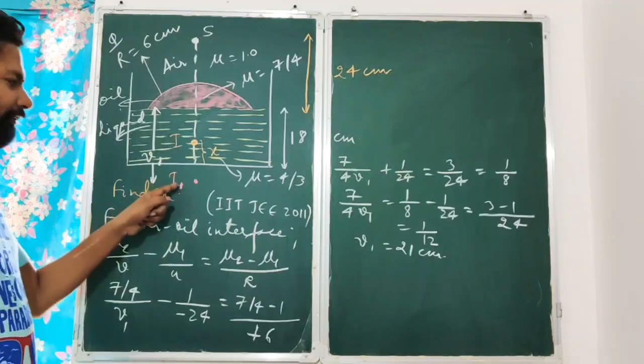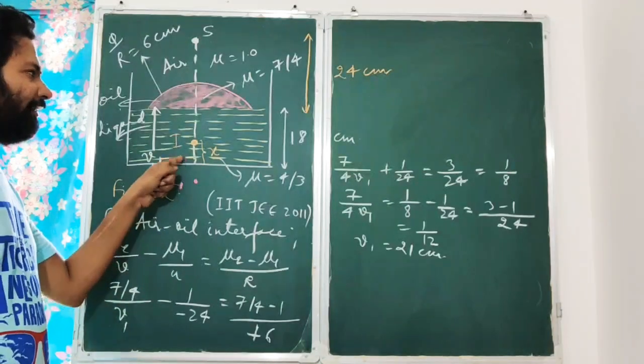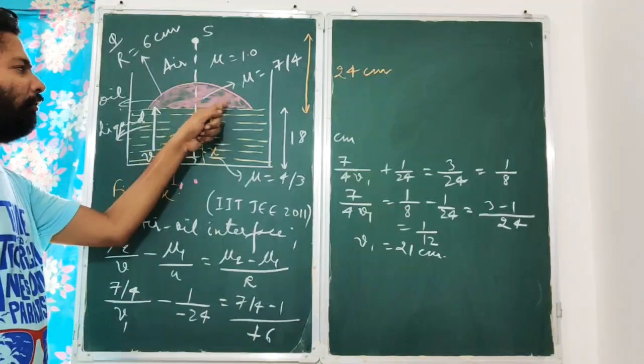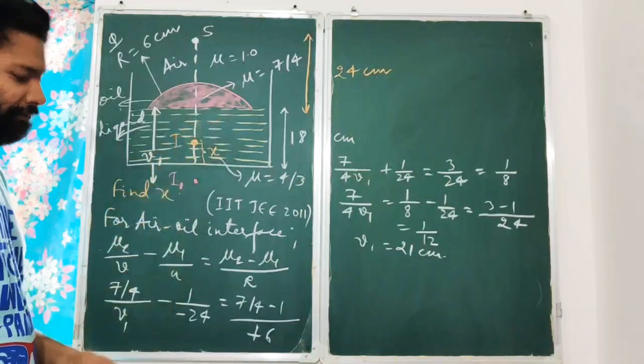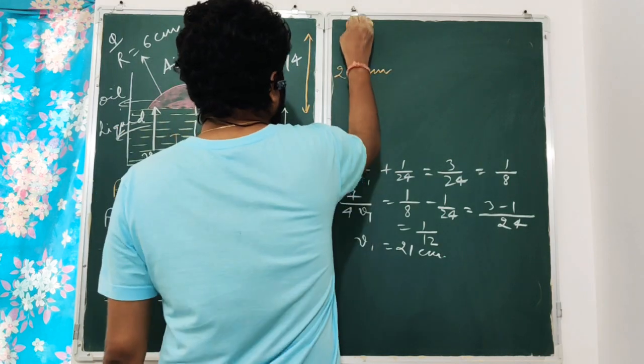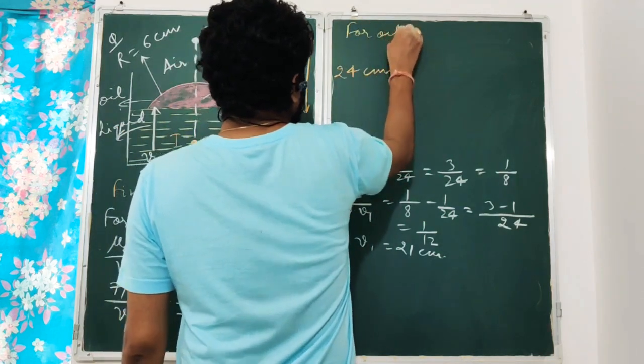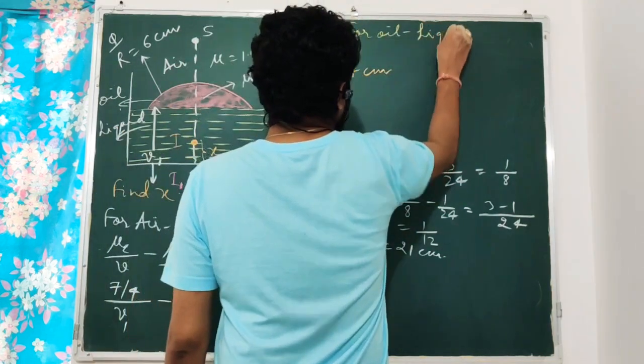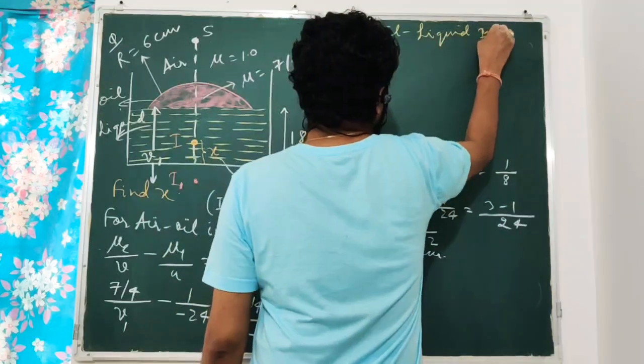Now what will happen? This intermediate image will act as an object for this oil-liquid interface. So for the oil-liquid interface, again refraction will take place.